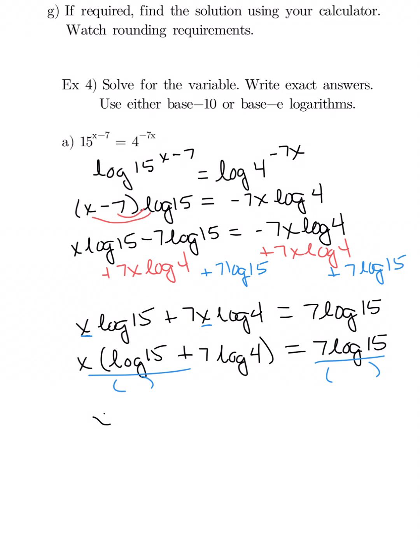That gives me x equals 7 log of 15 over log of 15 plus 7 log of 4. This is my exact answer, which is what the directions ask for. Do not put this into your calculator.